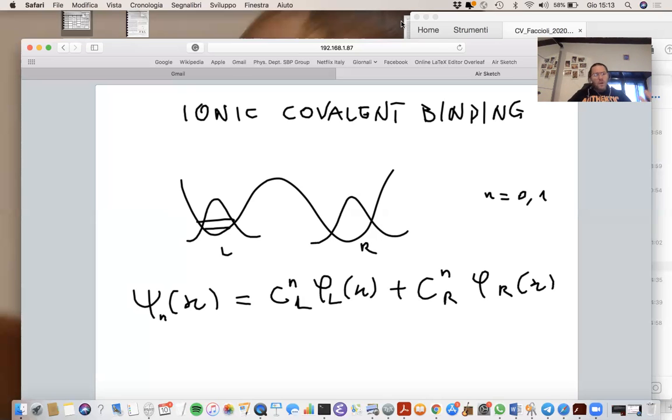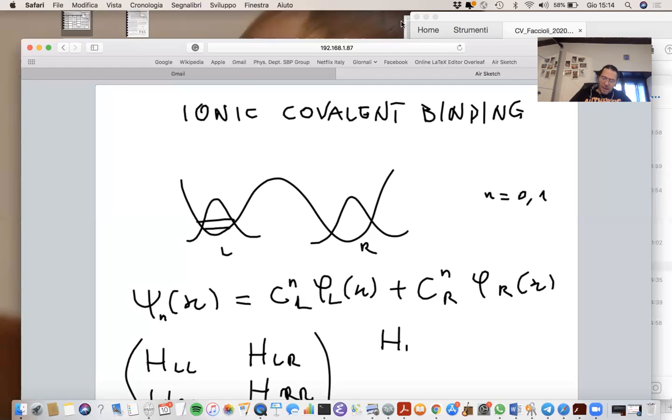So then what we were doing at the time was showing that you can diagonalize the Hamiltonian in this truncated basis approach. We were constructing a Hamiltonian matrix, left-left, left-right, right-left, right-right, where H left-left, for instance, was like phi left, H, phi left, and so are the others.